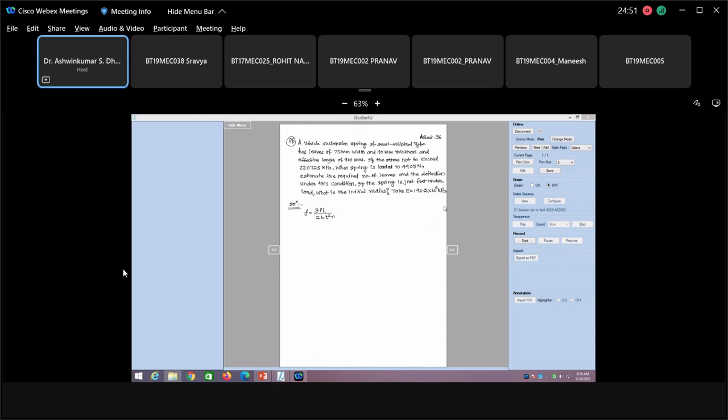Okay. So now the stress not to exceed 220725 into 10 raised to power 3 has to be equal to 3 into P, which is given as 4905, into the effective length, given as 900 millimeters, so 0.9, divided by 2 into width, given as 75 millimeter, so 75 into 10 raised to power minus 3, into thickness, given as 10, so 10 into 10 raised to power minus 3 whole square, multiplied by n.